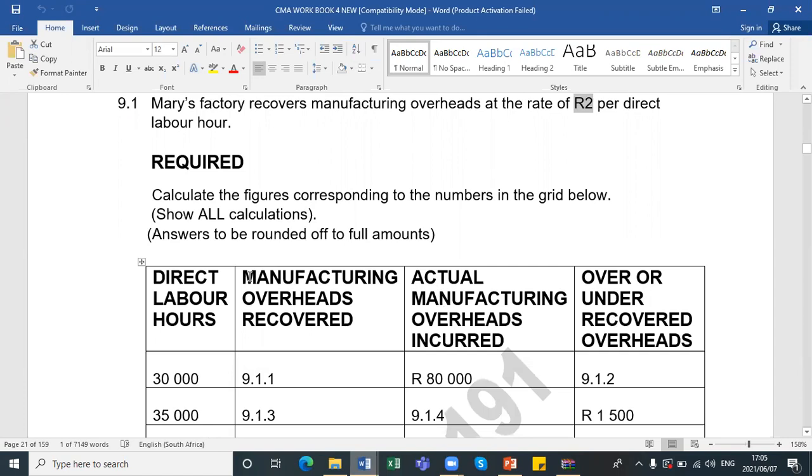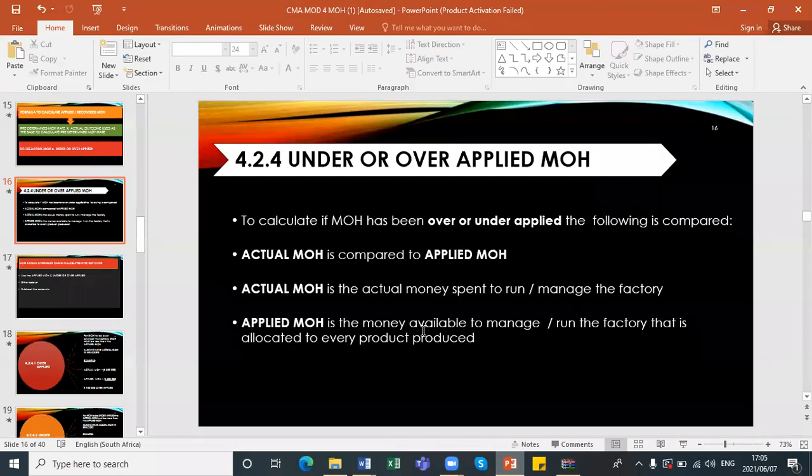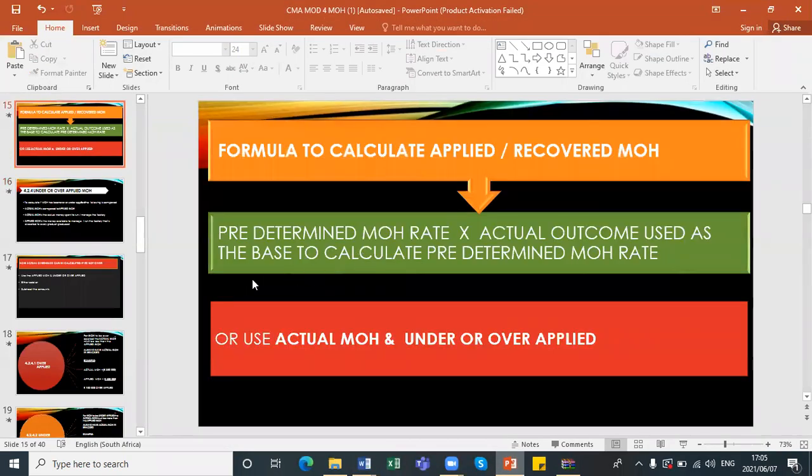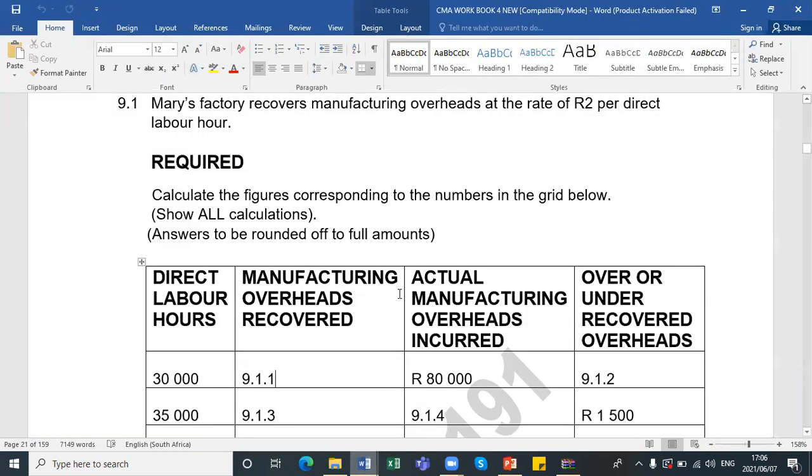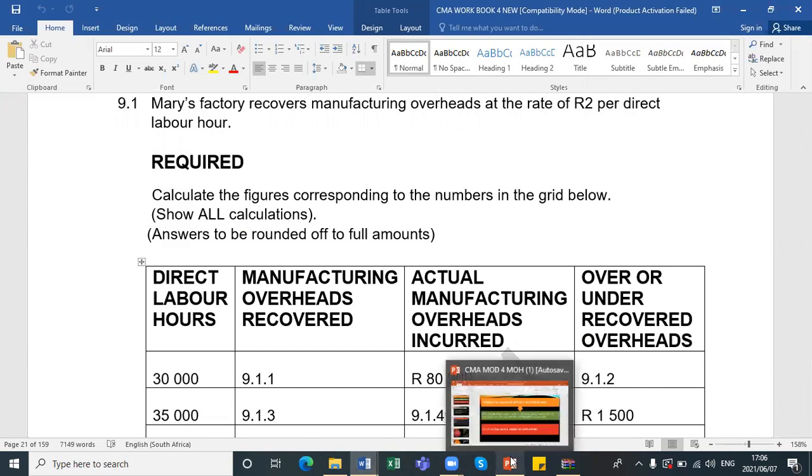Now, in 9.1.1, they want you to calculate applied overheads. Now, there are two formulas. You can't use both at the same time. Now, can you use actual overheads? Can you use this one where you need your actual overheads and your under and over applied? Now, if you look at the activity, you have actual overheads, but you don't have under or over applied.